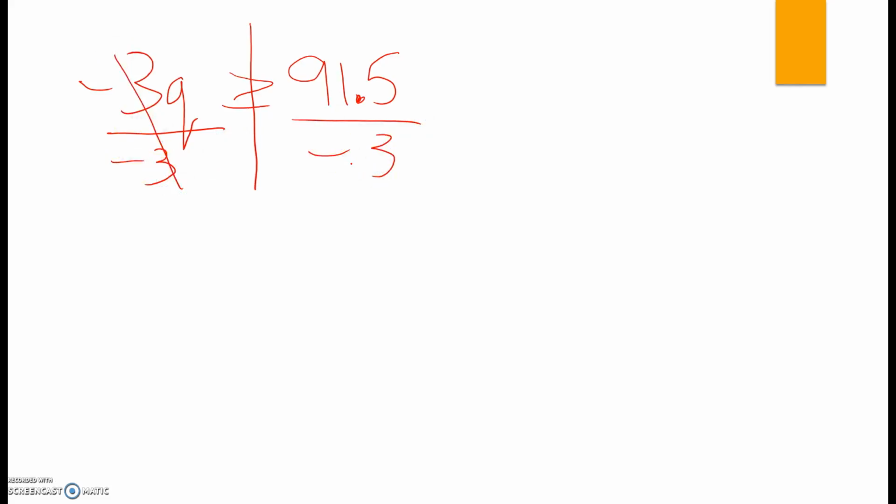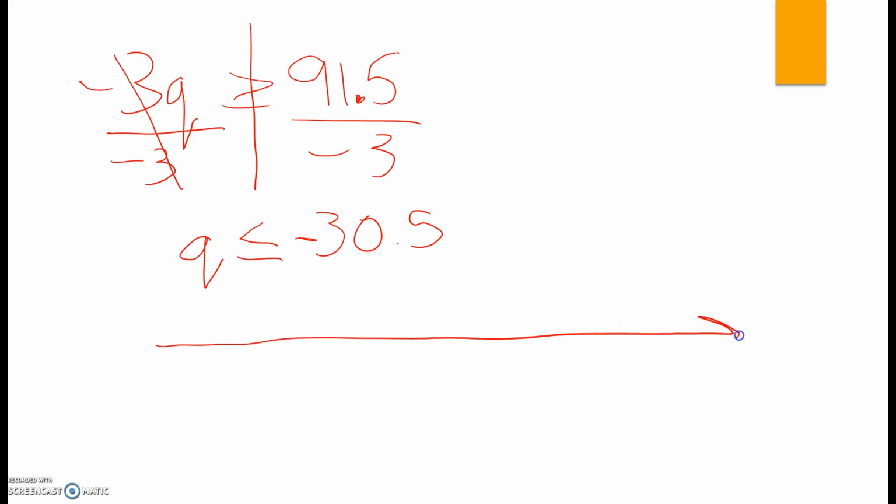So divide 91.5 by negative 3. You are left with q on this side and negative 30.5 on this side. And again, we divided by a negative, so we have to take our inequality sign and flip it, because that's the rule when we divide by a negative.